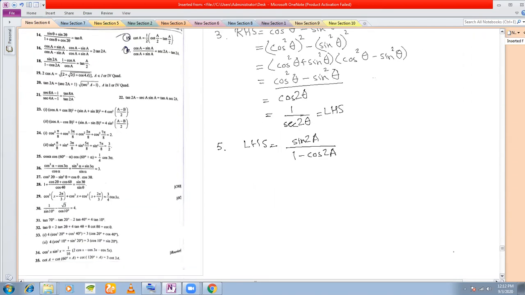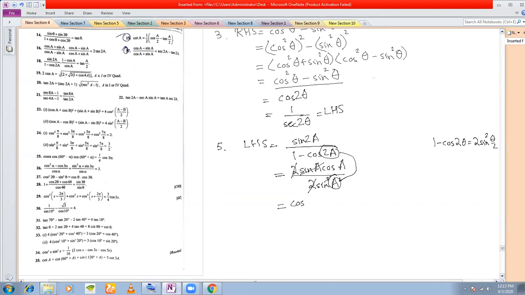Okay, now what you do here is by the multiple angle formula, sine 2a you write as 2 sine a cos a. And 1 minus cos 2 theta, do you know this formula? 1 minus cos 2 theta is 2 sine square theta. That means this becomes 2 sine square a only, because here I have 2a, so this 2a becomes a, half of this. Now what happens? This 2 cancels, one sine a cancels.